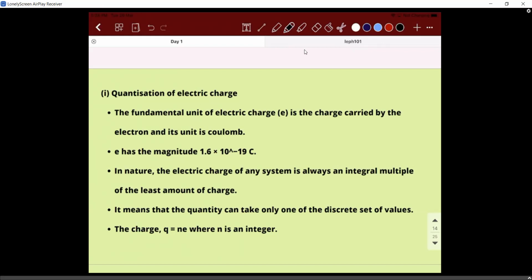Okay. So for example, you take any material. If charge is created on that material, we have been discussing from the beginning that electrons are the ones which decide the charge. When you say electrons decide the charge, how many electrons are supposed to be lost or gained for you to define a proper charge for that material is the concept of quantization.